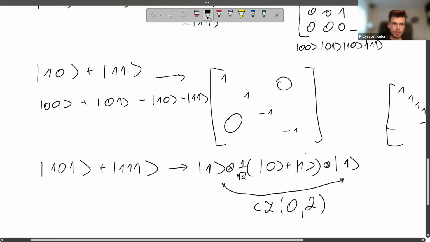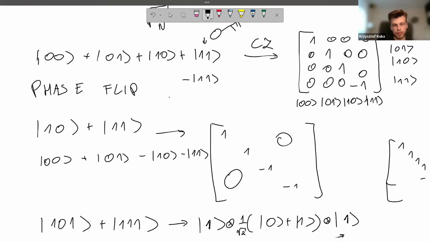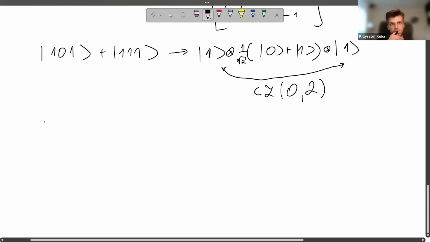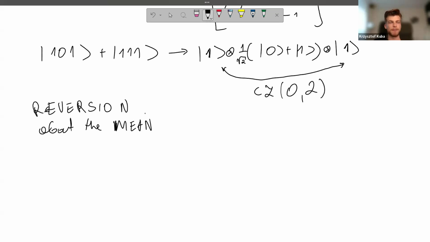So yeah, that was the phase flip operator. And now we're going to solve for the reversion about the mean, the reversion about the mean operator.